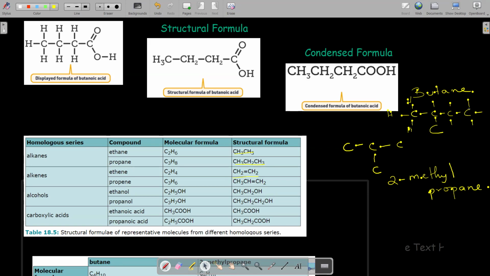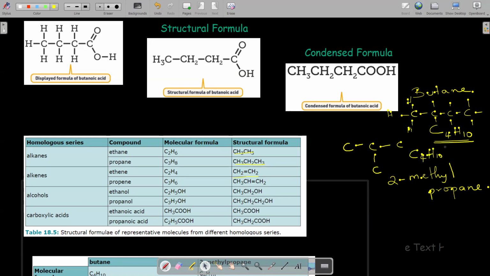So together, 1, 2, 3, 4, 5, 6, 7, 8, 9, 10. So C4H10. This is the molecular formula for butane. Now, when we talk about 2-methylpropane, what is the molecular formula? Again, it would be C4H10.